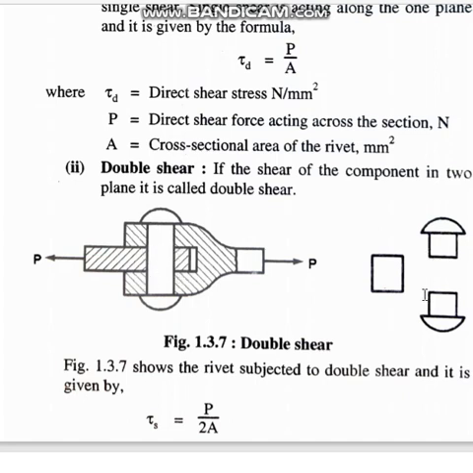So in two places, as represented here, double shear, it fails up and down. Now what will be the formula? Here it not only has to tear off here, it has to tear off here also. Therefore tau d is equal to P upon 2A, because 2A means twice the cross-sectional area.